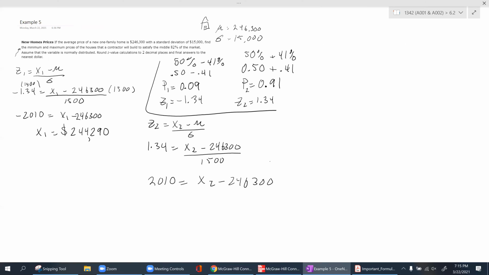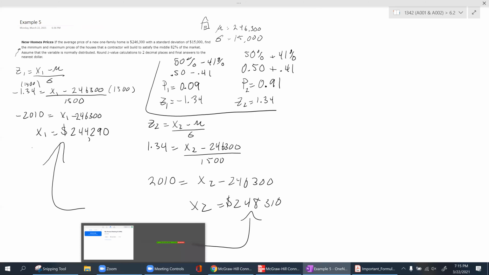So that's 2010 plus 246,300, meaning my X2 is 248,310. These are the prices. We knew this was the lowest bound, so this has to be my lowest value, and this is my highest bound, so this has to be my largest value.